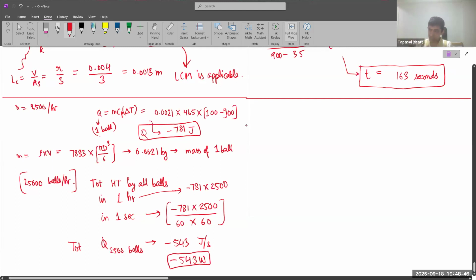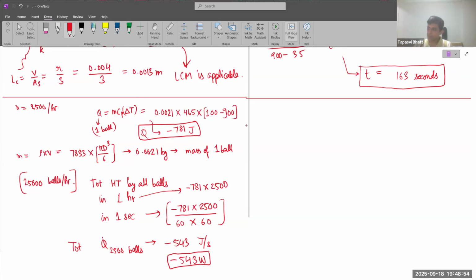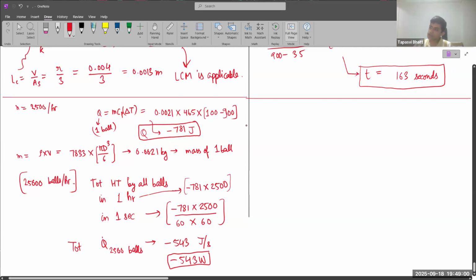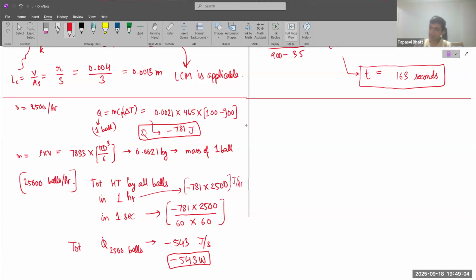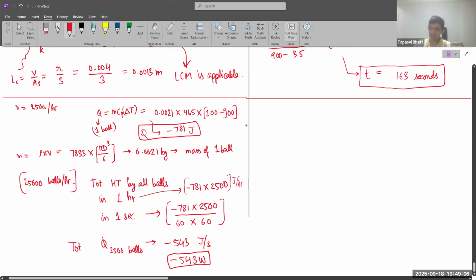Why did we calculate it in seconds? Because usually that is the SI unit and we wanted to get the final answer in watts. Ideally, we could have simply written minus 781 times 2500 joules per hour, but this doesn't look like a very good unit, right? That's why this is the correct way of ending the answer. Watt, which is a standard unit.